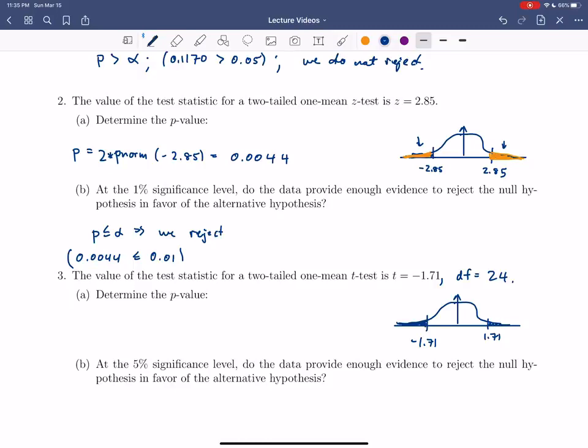And so to do that, we have to use a new function. Before we used p-norm for the normal distribution; here we're going to use pt, for the student's t-distribution. So our p-value is going to be, it's again two-tailed, so we multiply by 2 times pt.